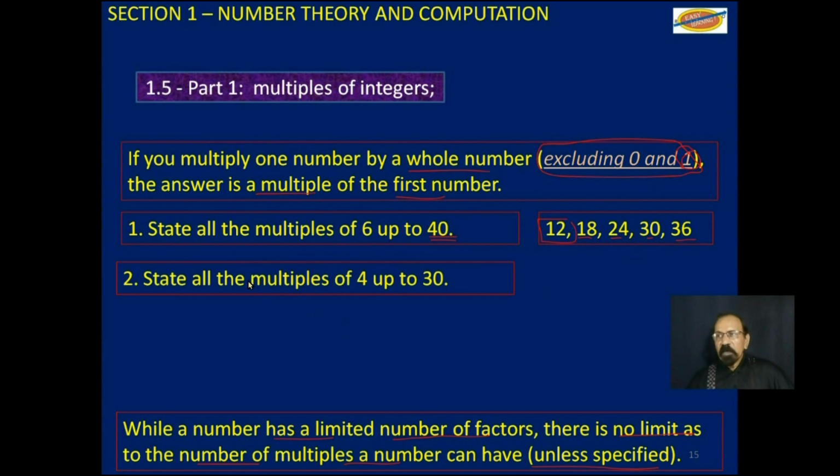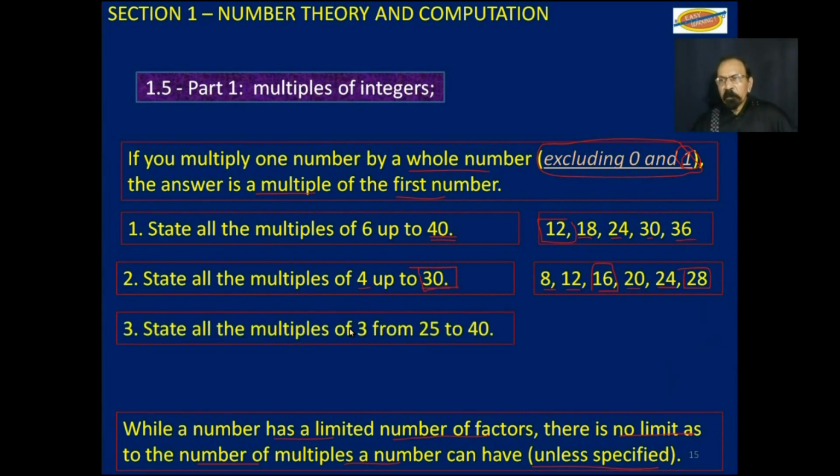Example 2, state all the multiples of 4 up to 30. Again, we will leave out 4, and we begin from 8, 12, 16. In 16, you could find 4 4s, 20, 24, and 28, and we will stop there because we can't go beyond 30.